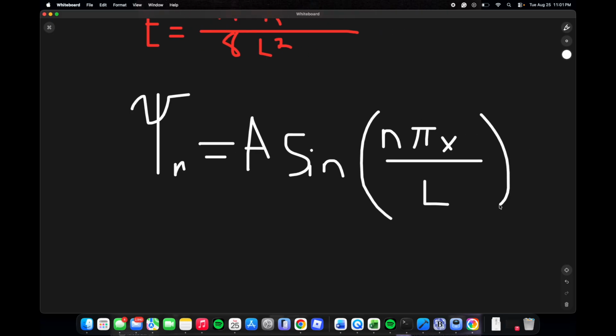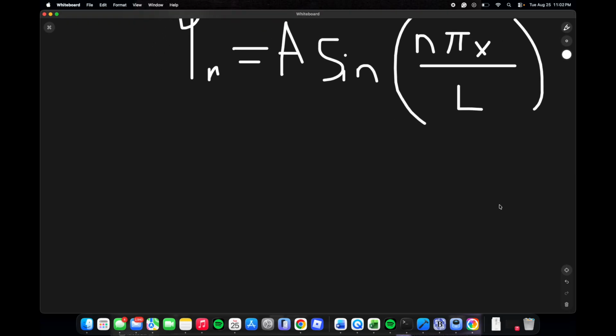Okay, pretty simple. Now what we're going to do is find A, and to understand how we're going to do this, let's understand how the wave function can be evaluated, integrated. If we integrate over the domain, which is the domain of our box, right?